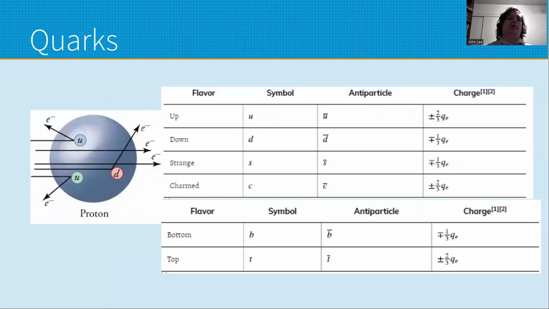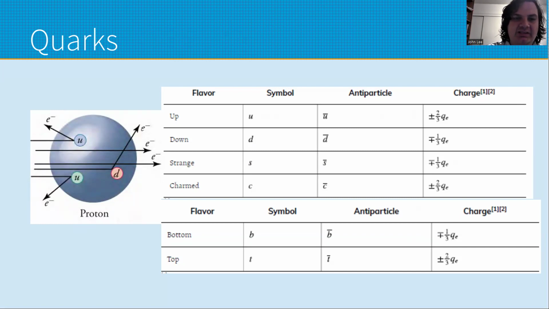And then what we found was that the proton and the neutron were actually made up of particles called quarks, which have different flavors and charges that add up to the charge of the composite particle, the proton or the neutron.